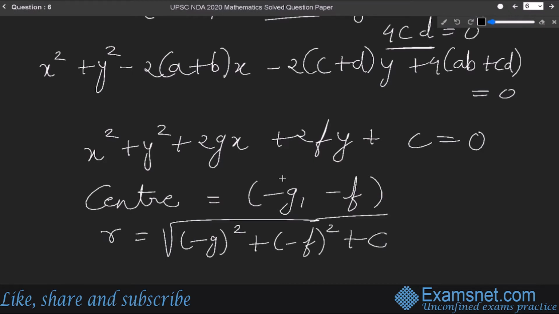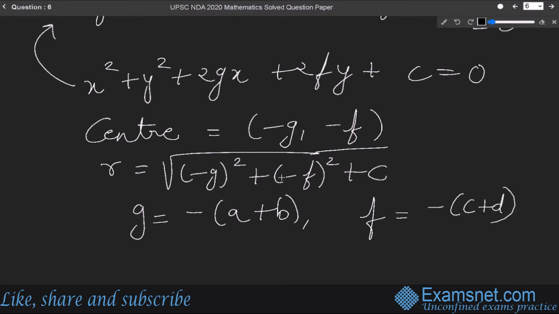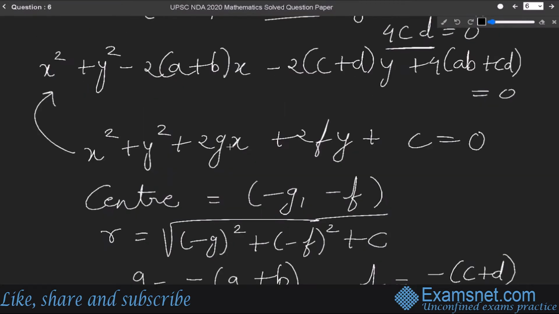So on comparing this general equation with the given equation, we will get the values of center as g will be equals to minus of a plus b and f will be equals to minus of c plus d. On comparing this equation, we can see that g is equals to minus of a plus b and f is equals to minus of c plus d.